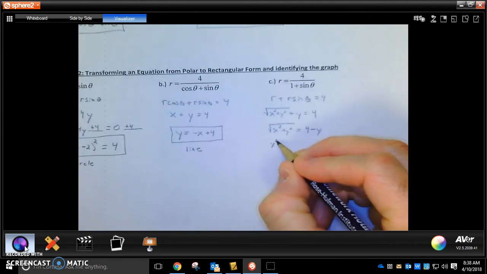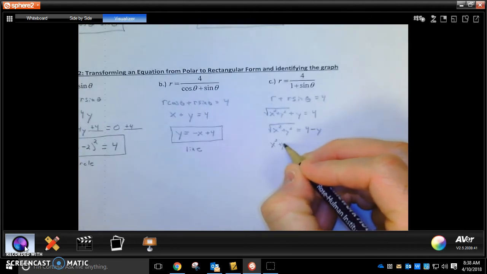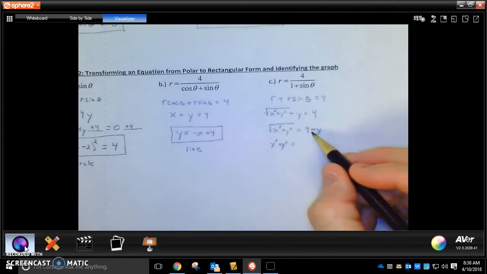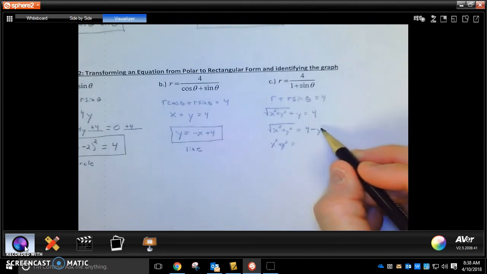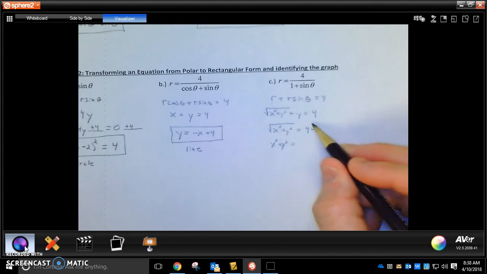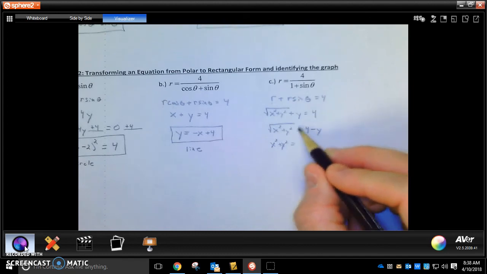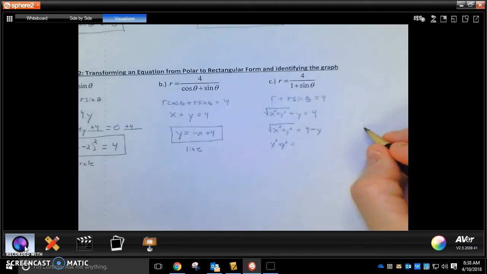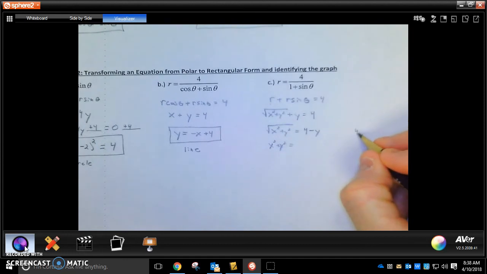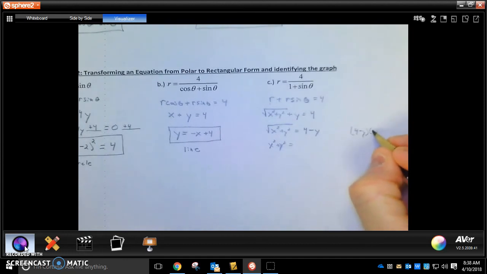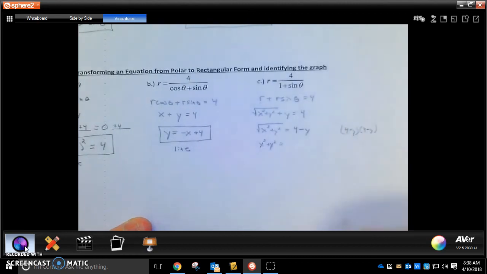So I'll have x squared plus y squared equals, and then I'm going to have this side squared. Now remember, you need to FOIL this. It's not this squared and this squared. You need to FOIL this out. And if you need to go over to the side and write 4 minus y times 4 minus y to really see what that looks like, that's fine.